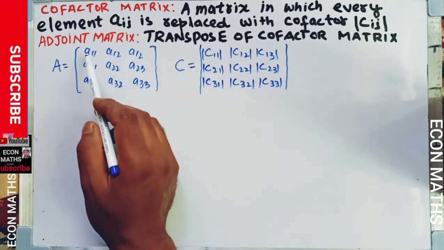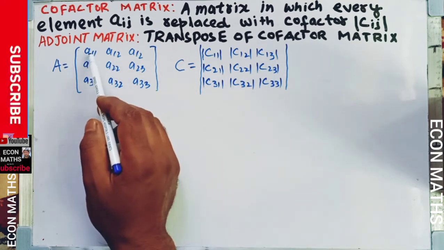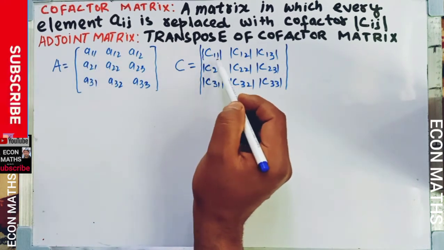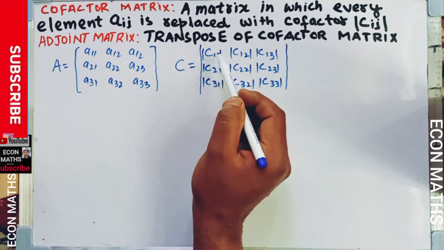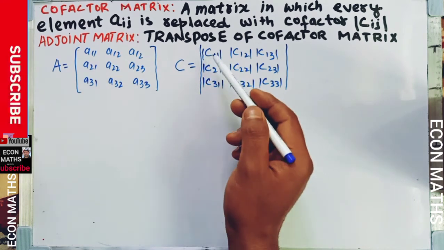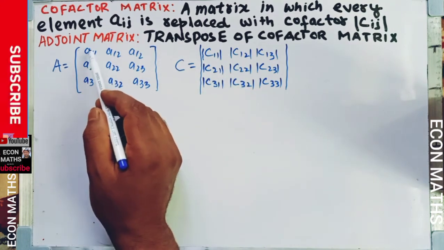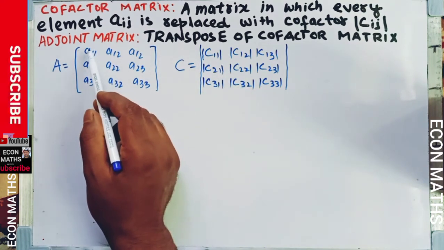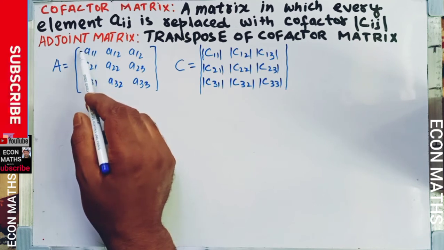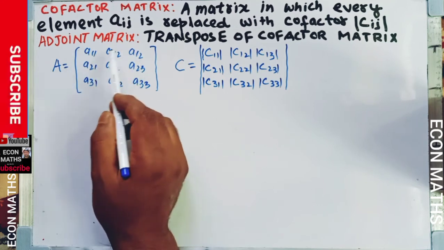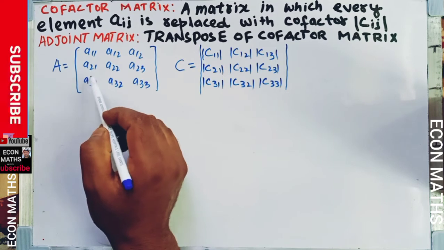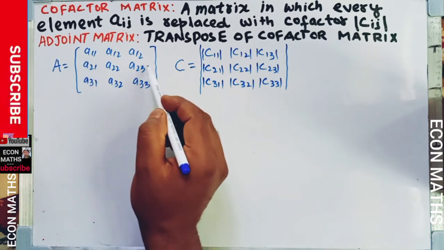That is, this A11 is replaced with this cofactor, that is C11. Now how is it formed? We see here A11, the position of A11, and we mentally delete the row and the column in which it appears, and we get these elements.